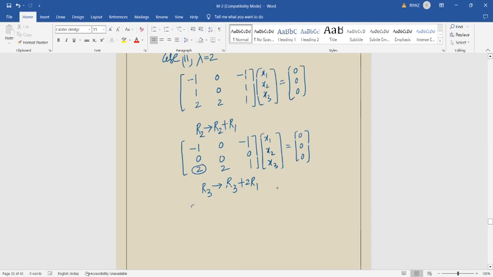So then this matrix becomes minus 1, 0, minus 1, 0, 0, 0. This is 0. This is 2. R3 is 2 plus 2 into R1, which is 0. It's minus 1. x1, x2, x3.